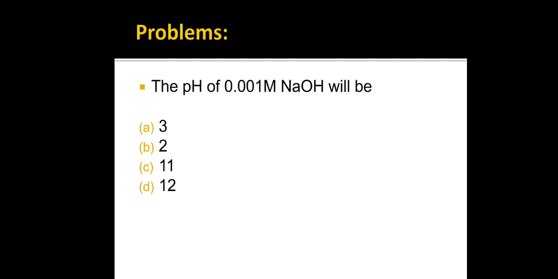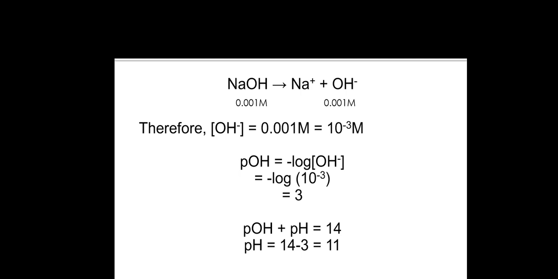Let us try to discuss a few problems so that we become clear about the concept of pH. The question goes as: pH of 0.001 molar NaOH will be, and the options are given: 3, 2, 11 and 12. So how to solve it? We know that NaOH dissociates to give you Na plus and OH minus. Below NaOH you can clearly see that I have written 0.001 molar, that is given.